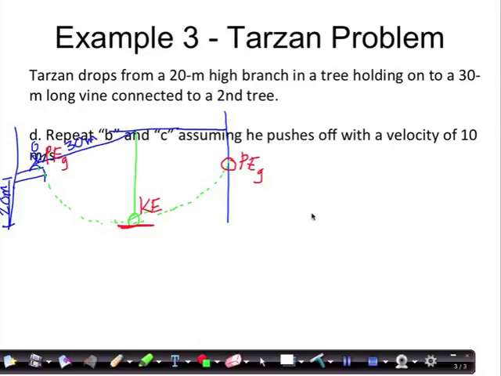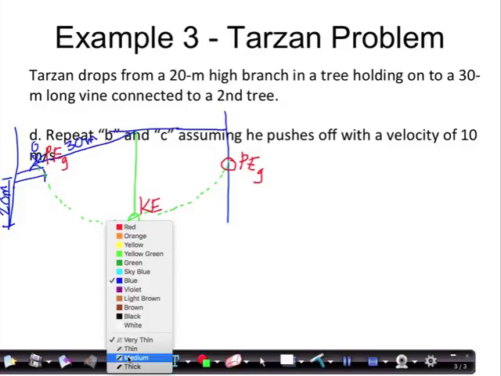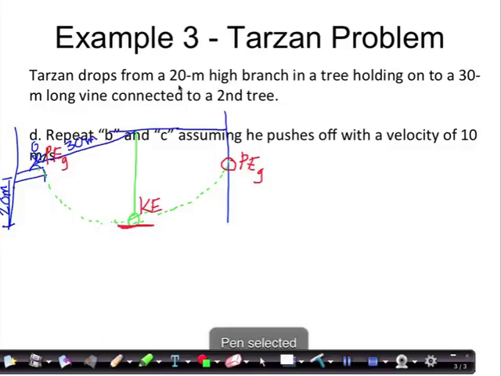Okay, for part D, we're going to repeat part B and C, which was finding the velocity as he barely skims the ground, and the max height, assuming this time he pushes off with a velocity of 10 meters per second. So this changes things a little bit. We can see that now he not only has gravitational potential energy initially, but since he has an initial velocity, he also has kinetic energy.